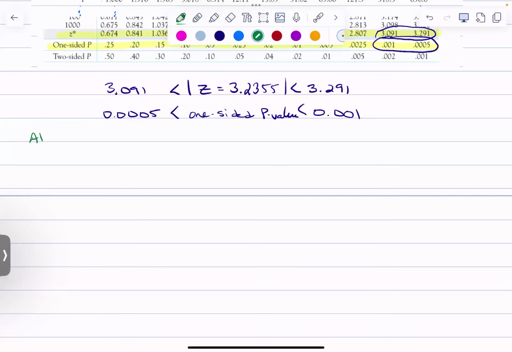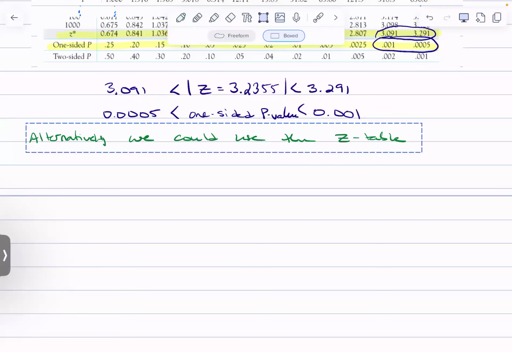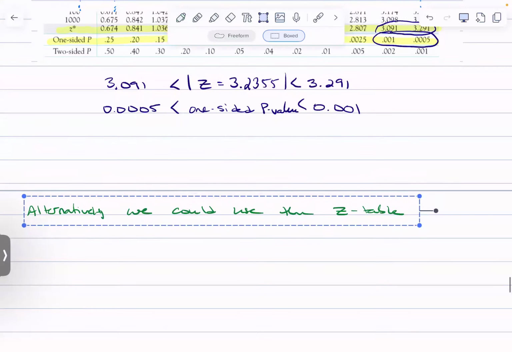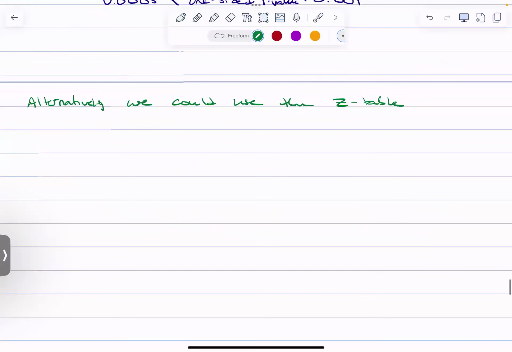Alternatively, and like I said, I'm going to stick to this version because that's how we're going to do it from here on out. But alternatively, we could use the Z table. Maybe I'll put it on its own page here. All right.